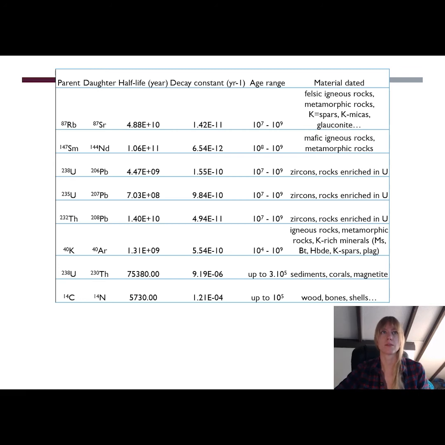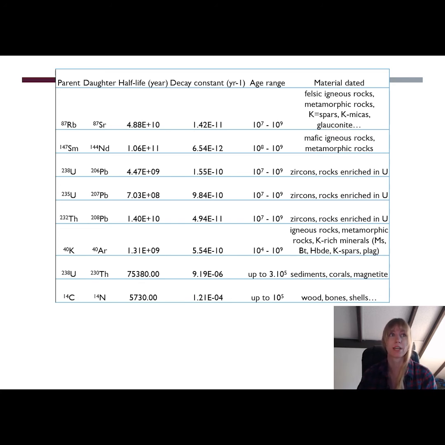So these systems can be used to date the proper age range. Remember, if you know that your thing isn't going to be billions of years old, maybe don't use thorium lead. So you're going to look at, let's say, rubidium and strontium. Your decay constant is basically 1.4 times 10 to the negative 11, okay?